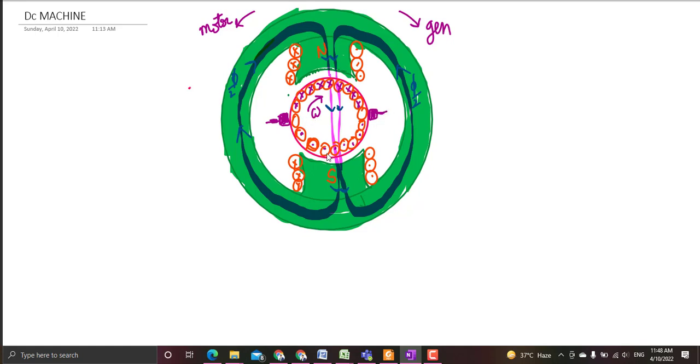Okay, so the flux is constant here, and let's say the flux per pole is phi.